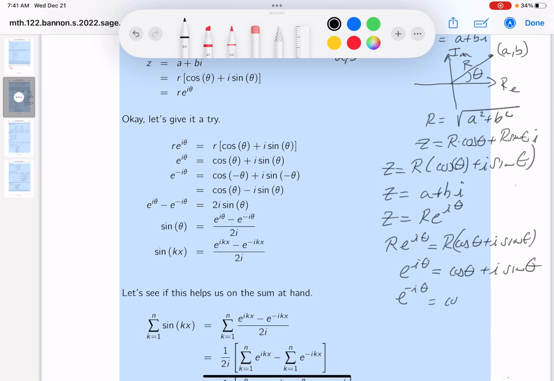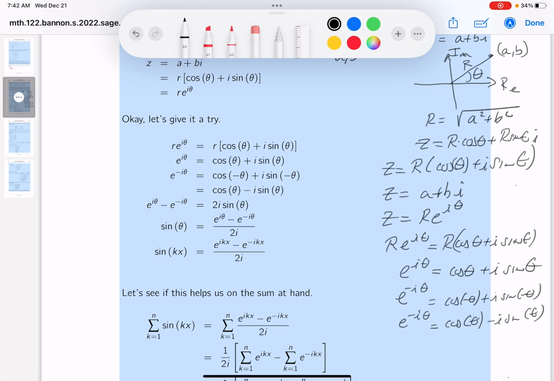This would give you a cosine of minus theta plus i sine minus theta. I'm just replacing the theta with minus theta. And even identities, that would give me e to the minus i theta would equal, let's see, cosine theta, even identity, minus i sine theta.